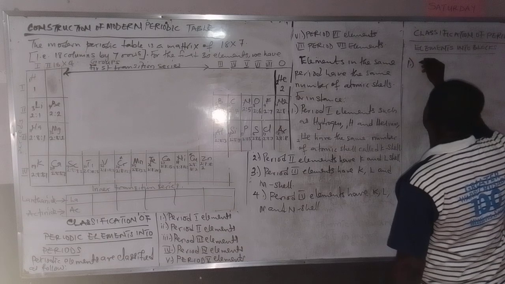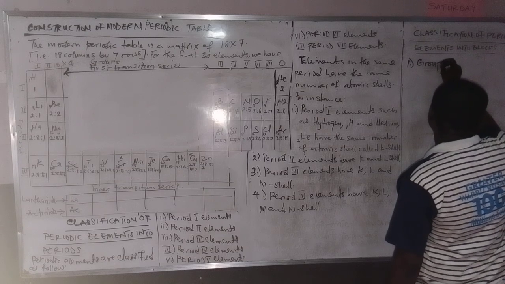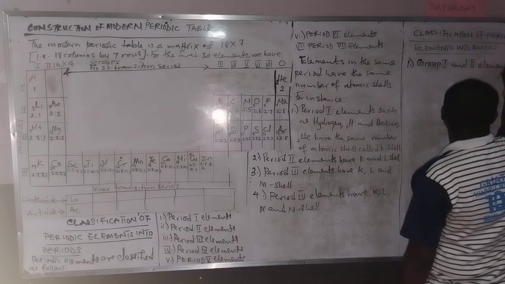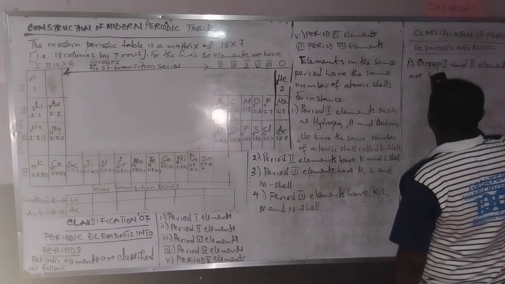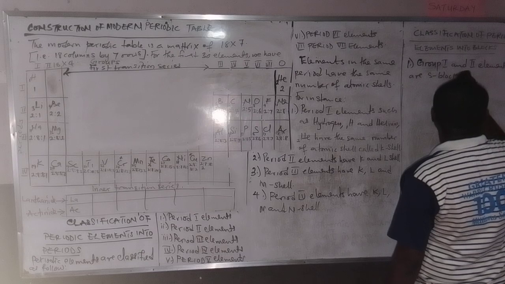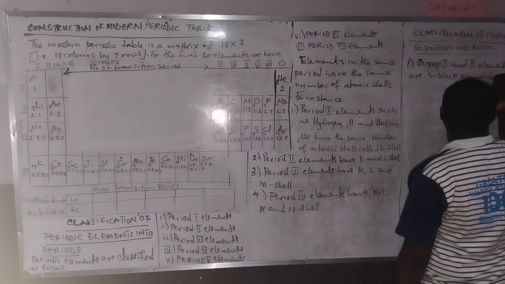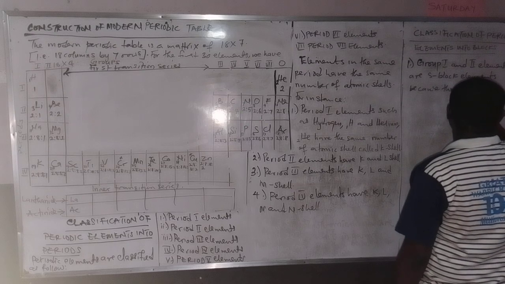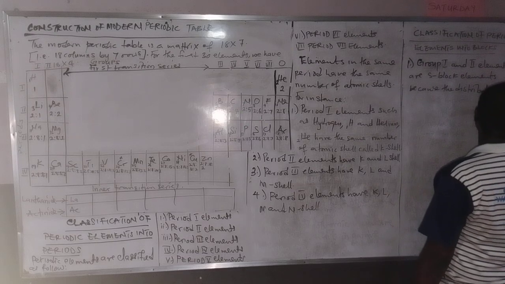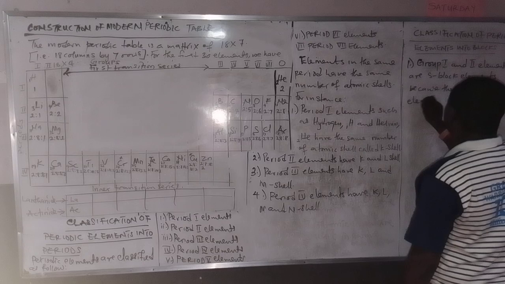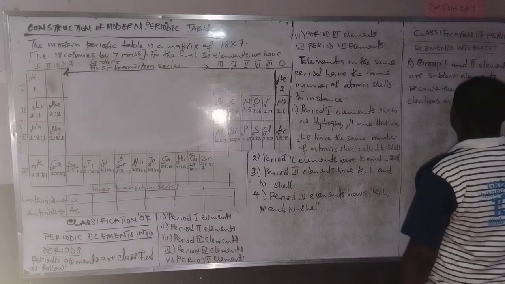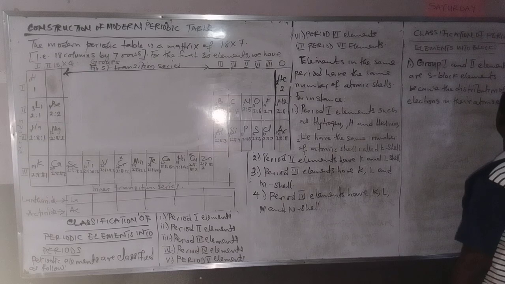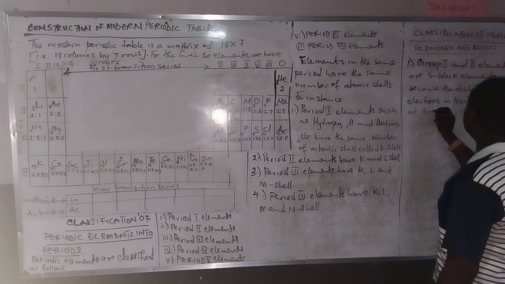Number one thing to know here is group 1 and 2 elements are S block elements. Why? Because the distribution of electrons in their atoms ends at S orbital.